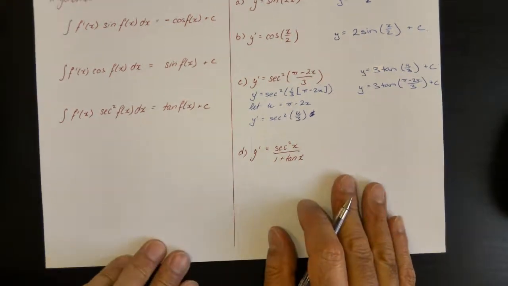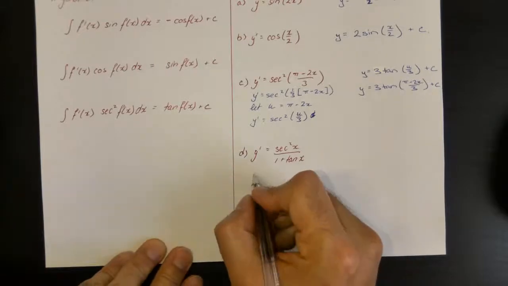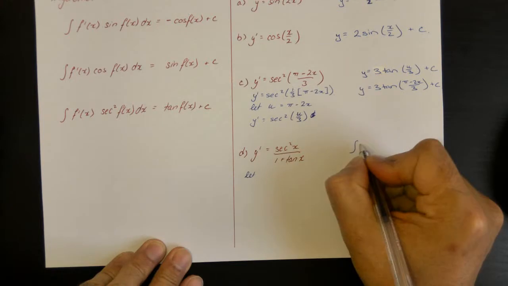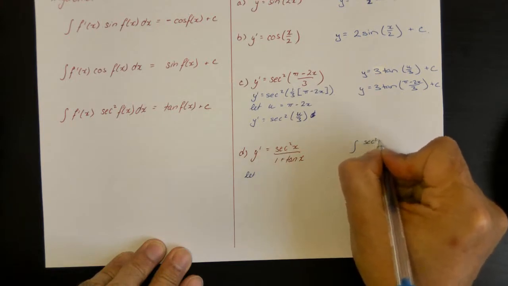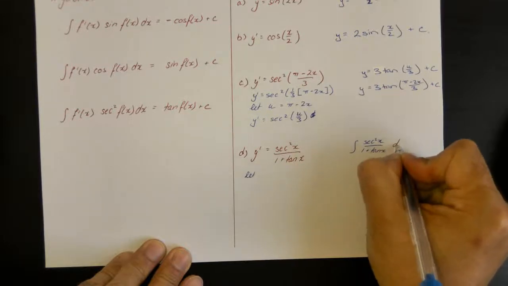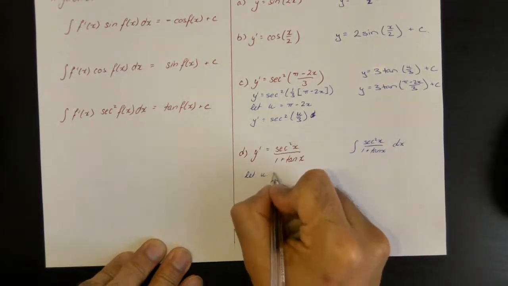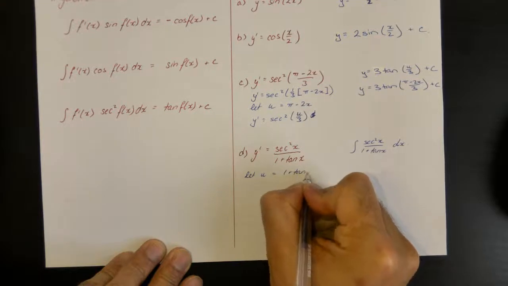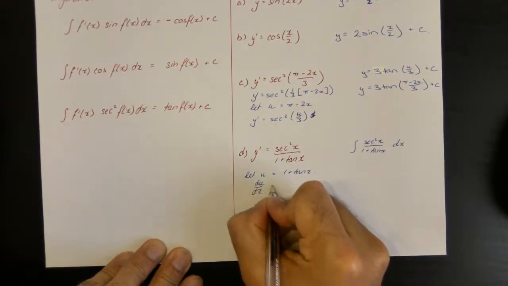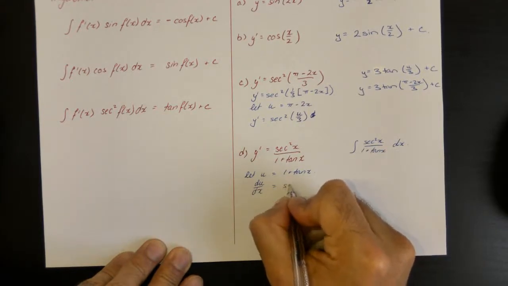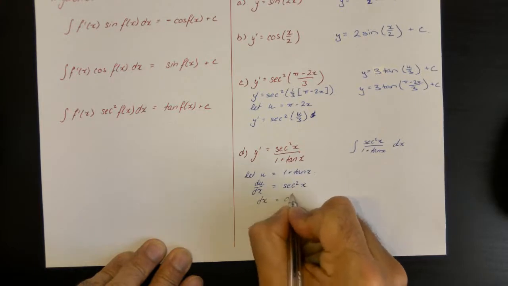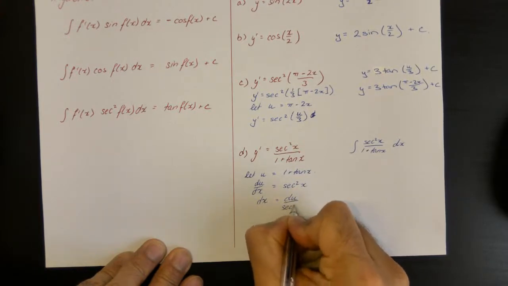For this one, I'm going to use the u substitution rule. So we can write this as sec squared x over 1 plus tan x dx. So let u equal 1 plus tan x, and then du over dx equals sec squared x. So dx is du over sec squared x.